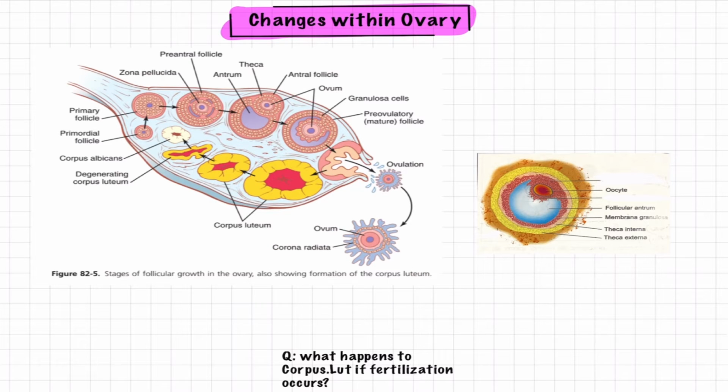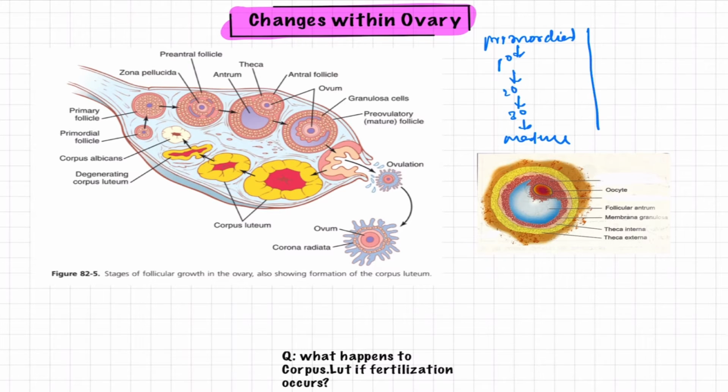So what are the growing follicles? In some textbooks it is written like this: from the primordial to primary to secondary to tertiary to mature.